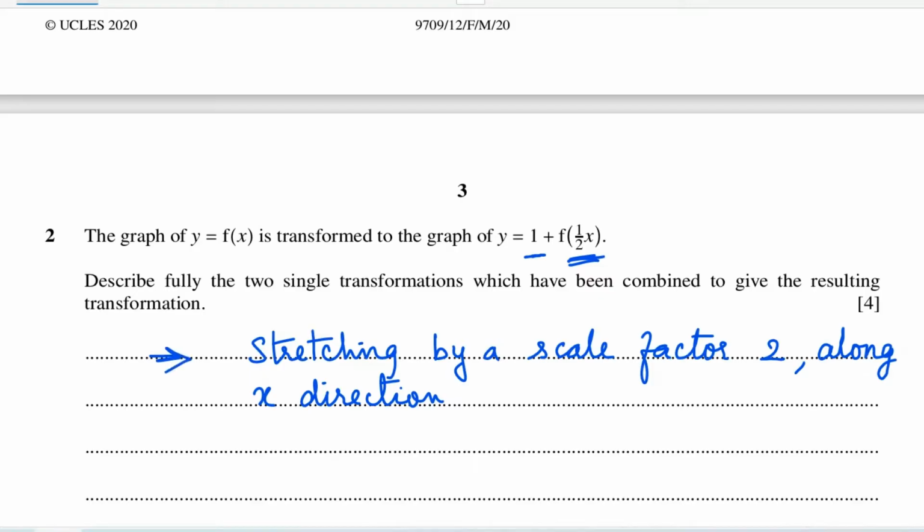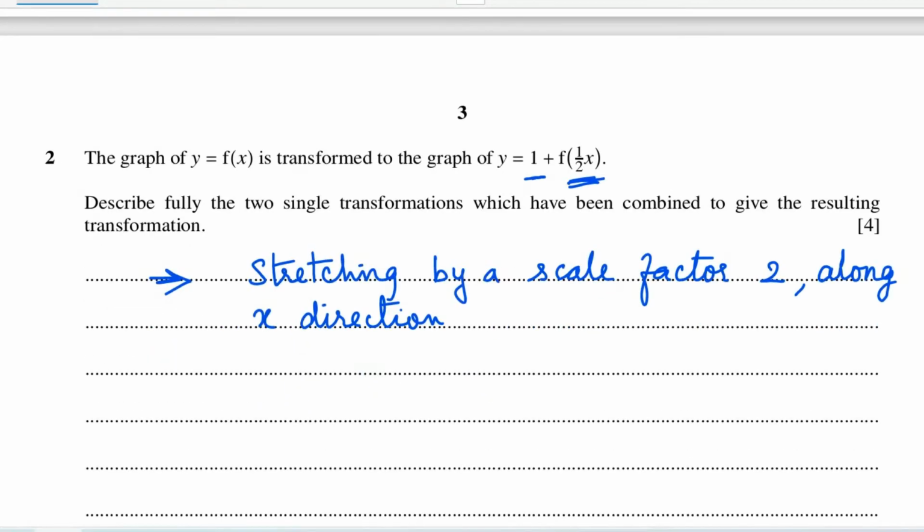So this is our first transformation. Next is a translation. And the translation vector is 0, 1.